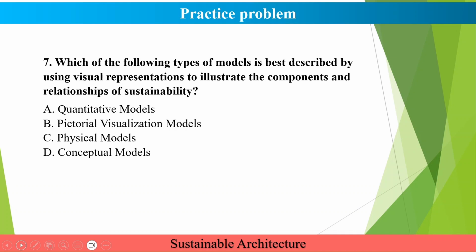Option B, Tanvi, Sarad, Aditi. So I think this question is clear to all of you. So if this kind of question comes in the examinations, you will be able to answer. And all these questions are based on the lectures that you have seen. So you should have the basic understanding, and based on that you can answer these questions. So I think we can move to the eighth question now.